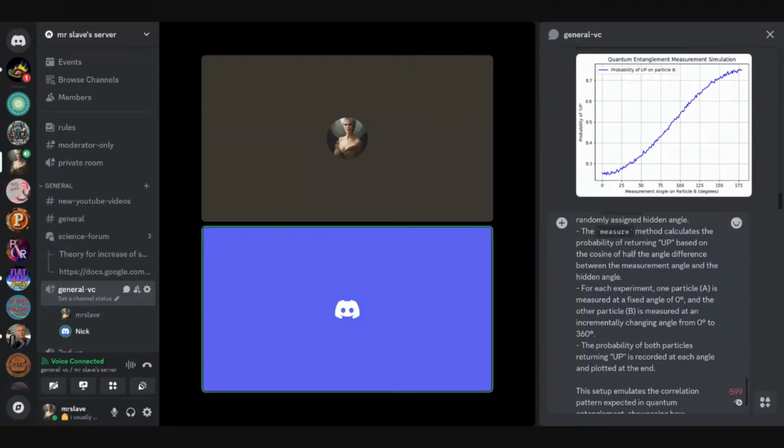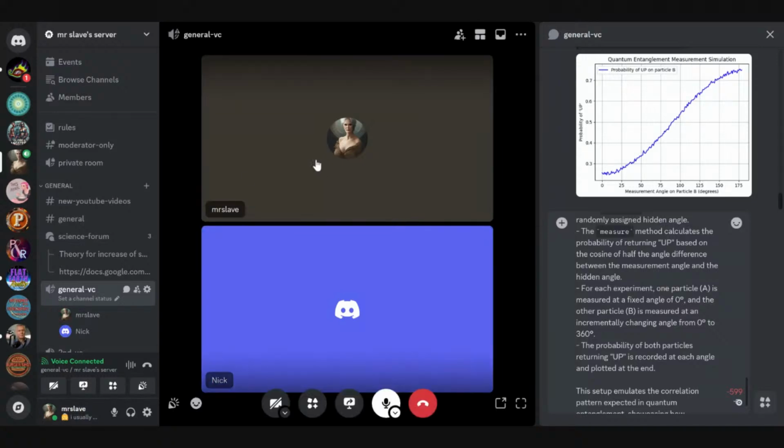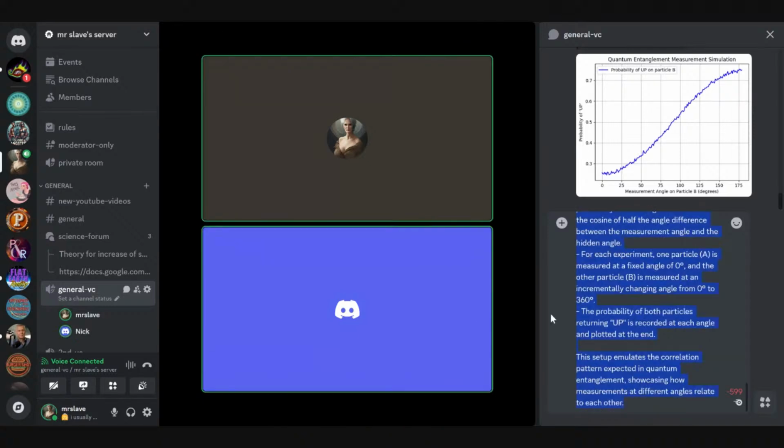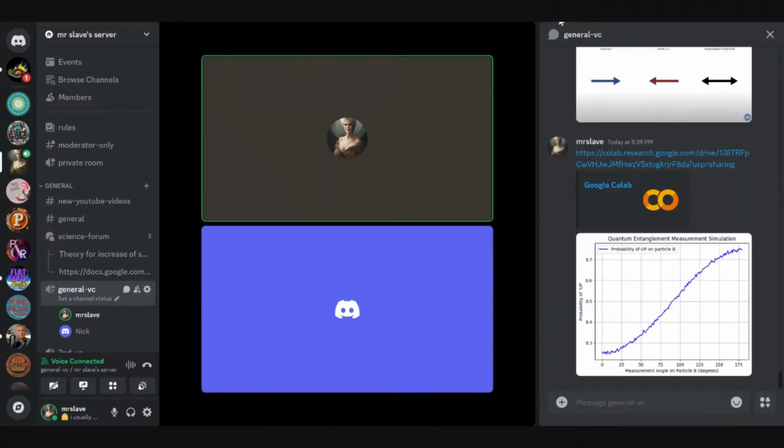So wait a second. Compound angle, that just means that you have more than one angle, right? Let me see. So you're looking at the collab. This is what I'm looking at. Cosine 2x is an important trigonometric function used to find the value of the cosine function for the compound angle 2x.